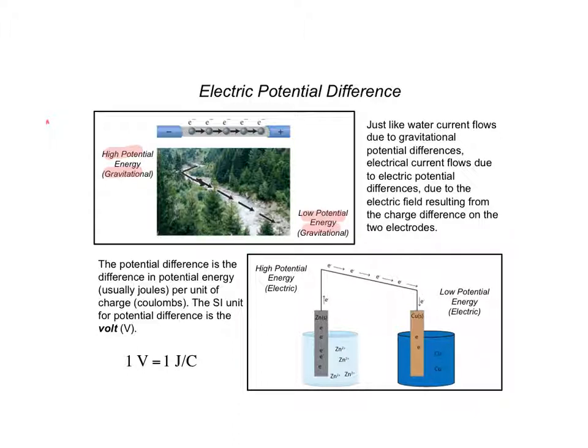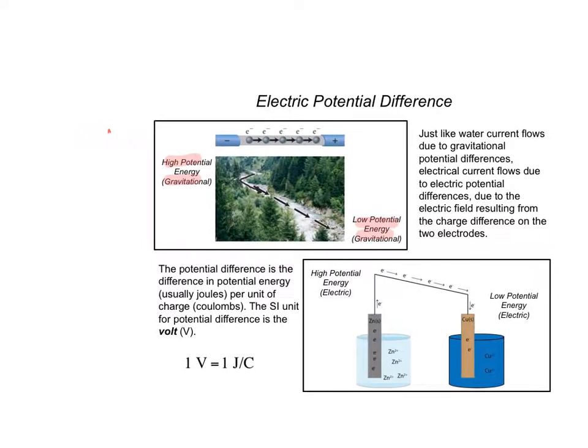Now, what affects this overall rate of water flowing? If we had a very steep mountain versus a shallow mountain, which would have the faster rate of water flow? The steep mountain, right? So the steeper the mountain, the faster the rate, okay?